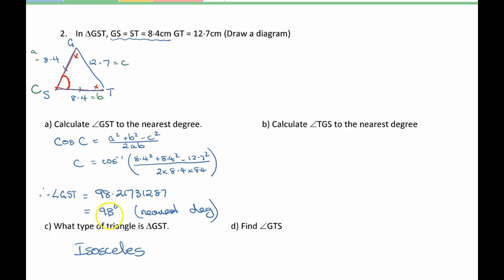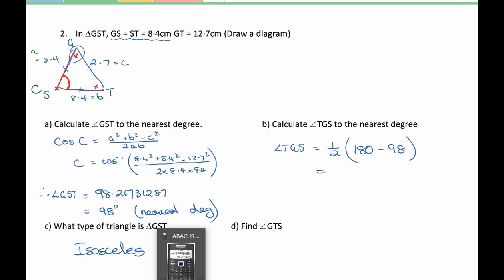So they split between them what's left out of 180 degrees. So angle TGS, this top one, will be half of what's left over out of 180 degrees when we take the 98 off for angle C there, and we get 41.